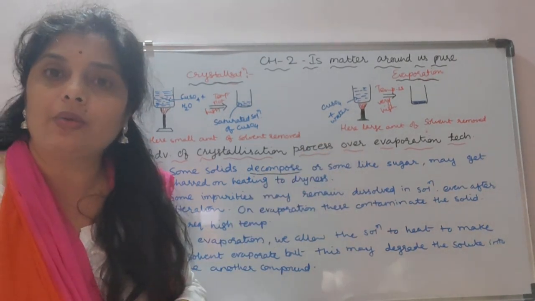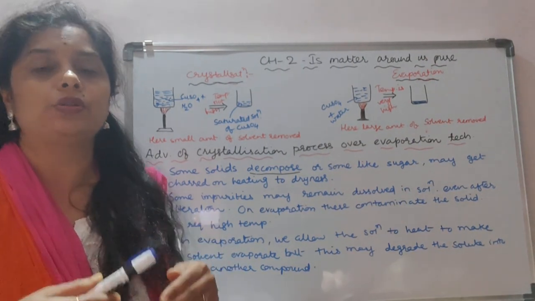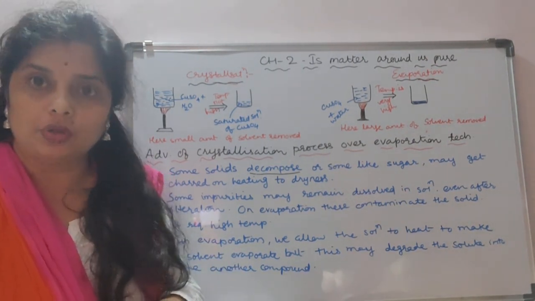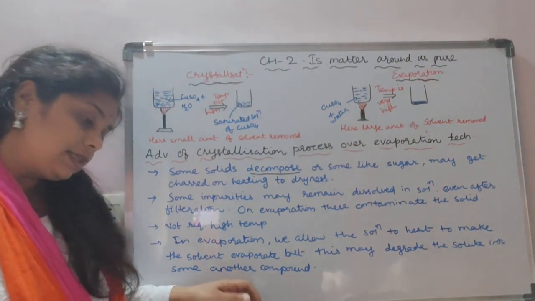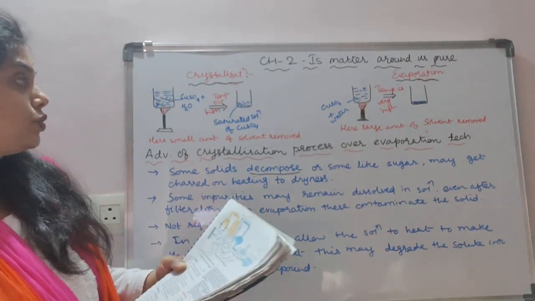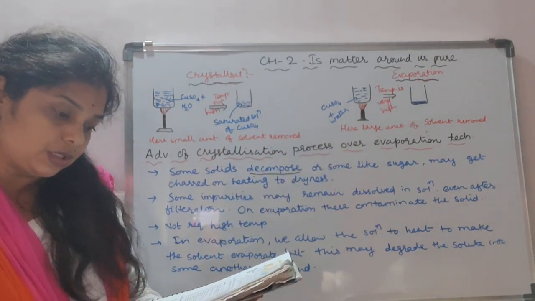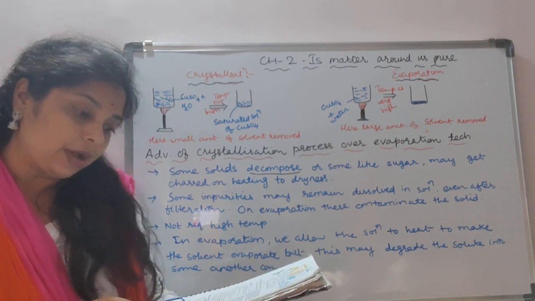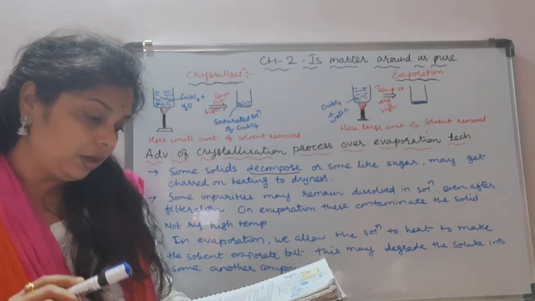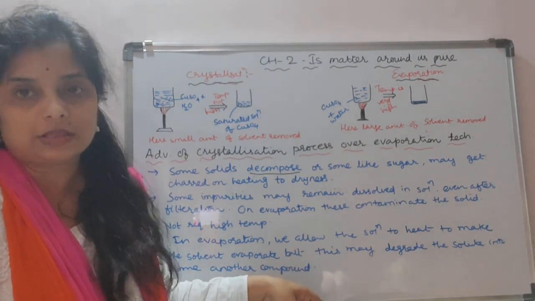Due to the high temperature, the impurities may also dissolve in the solution. So we can choose either crystallization or evaporation according to the nature of the components of the mixture to get a pure substance.